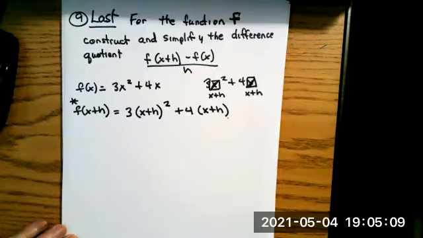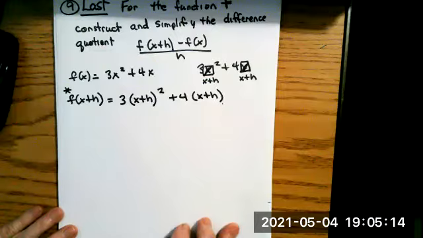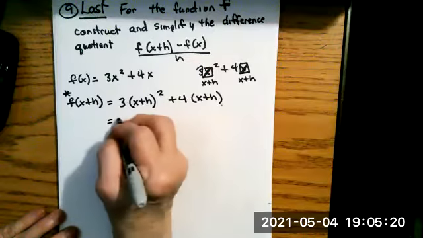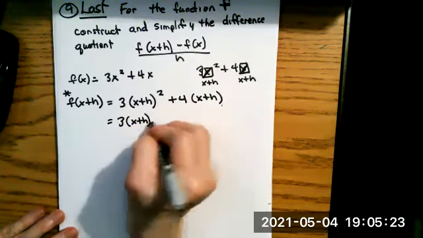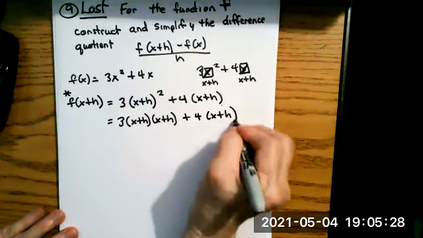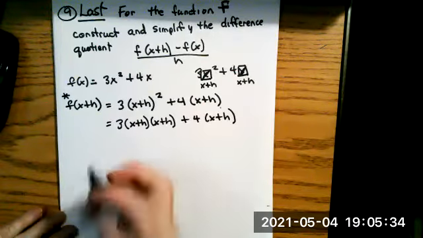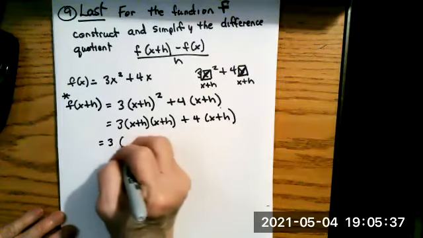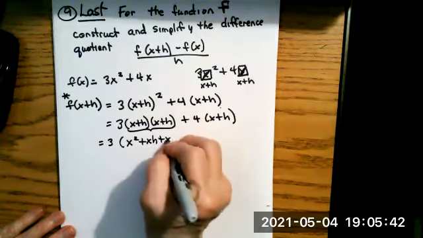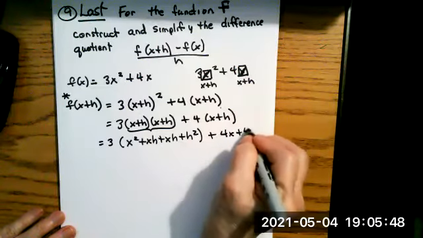This will take you by far a lot longer than any other thing on the test, but you've got approximately 60 minutes to work this problem, so you can do it. So you have 3 times x plus h times x plus h plus 4 times x plus h. So leave your 3 there and multiply this out. x squared plus xh plus xh plus h squared, that's FOIL, and distribute that 4.